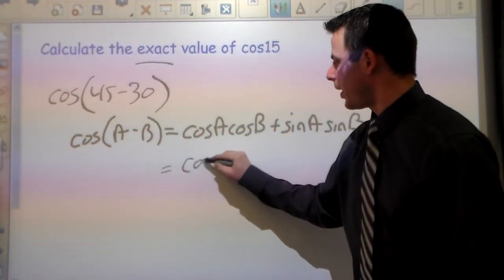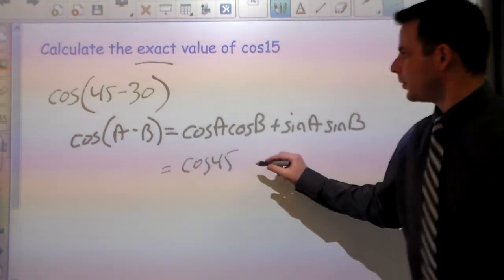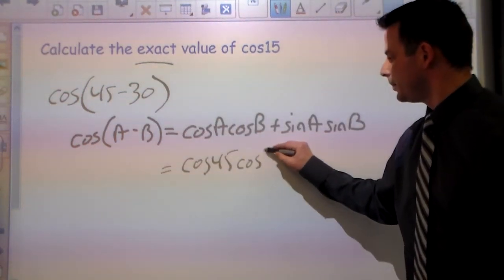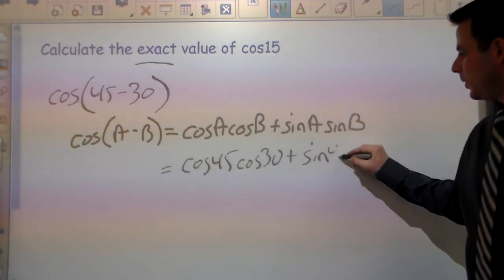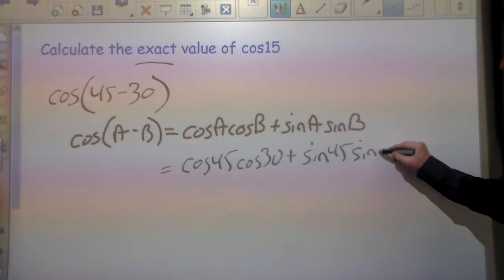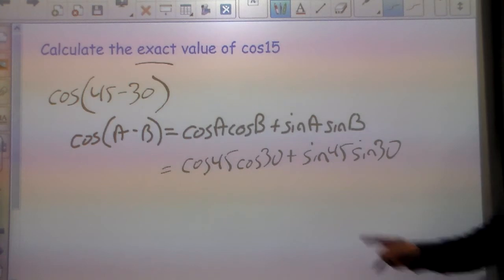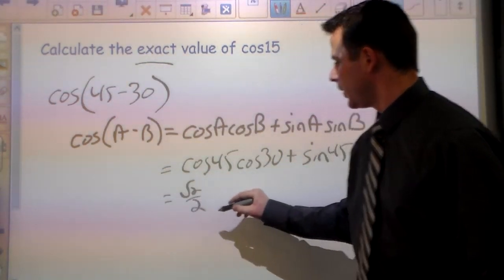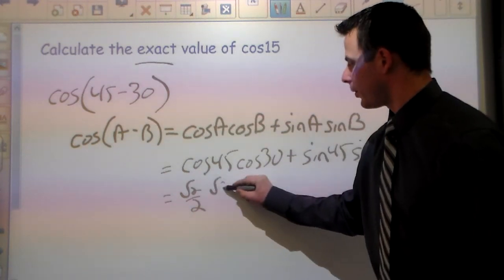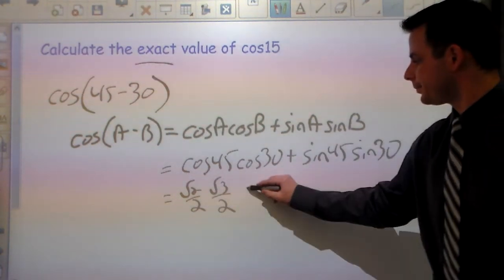So cosine of 45 times the cosine of 30 plus the sine of 45 times the sine of 30. And these are values that I know. Cosine of 45 is radical 2 over 2. And the cosine of 30 is radical 3 over 2.